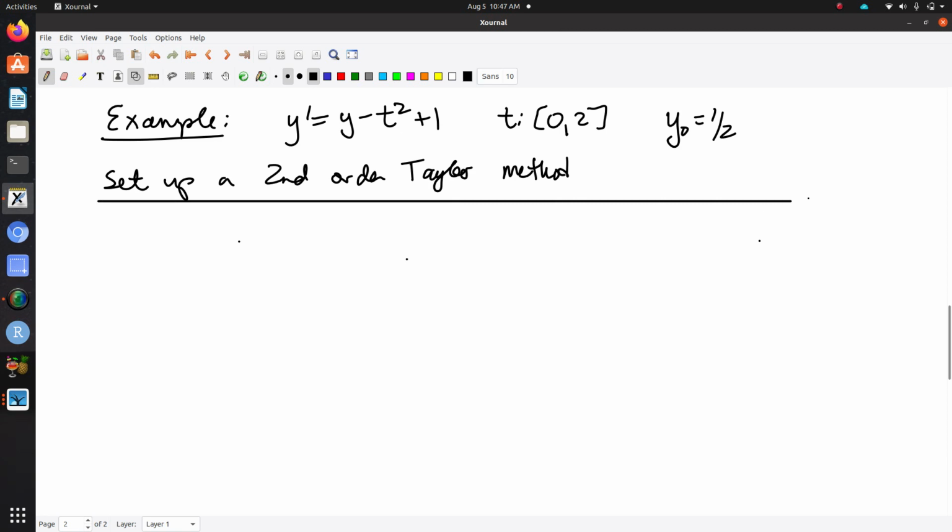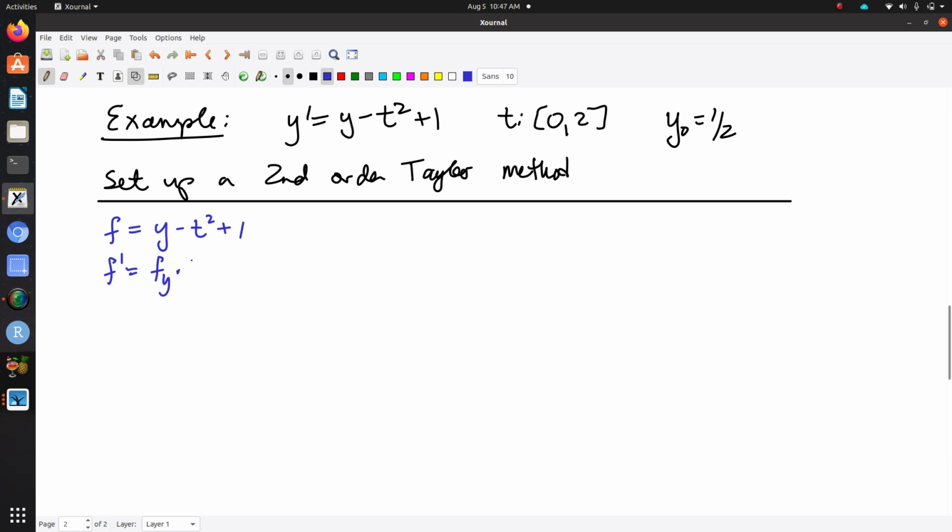So when you are programming something, you have to first kind of write it down on paper a lot of the time. So we already know that f is equal to y minus t squared plus 1, but we're going to need to deal with this f prime business. Well, what is f prime? Well, we're going to have to use the chain rule, the product rule, all that good stuff.